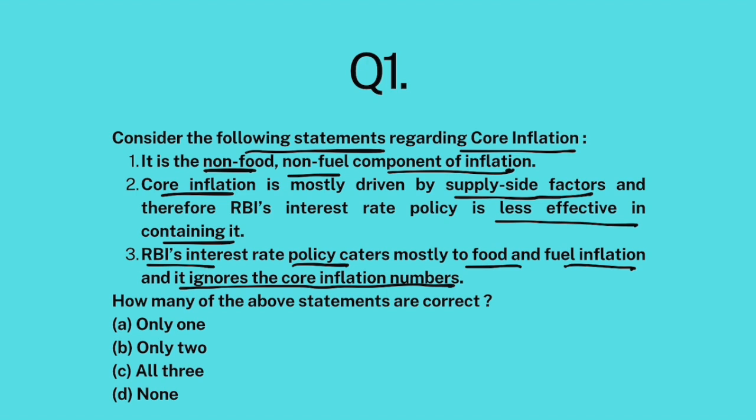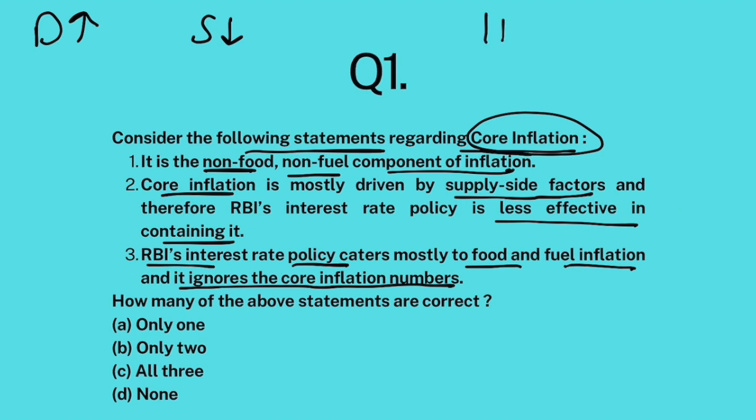Okay, all right then. So about core inflation. The thing is that inflation happens because of two things. Either demand skyrockets, it increases, or supply falls. Now, RBI decides its interest rate policy based on headline inflation. That is the complete inflation numbers.